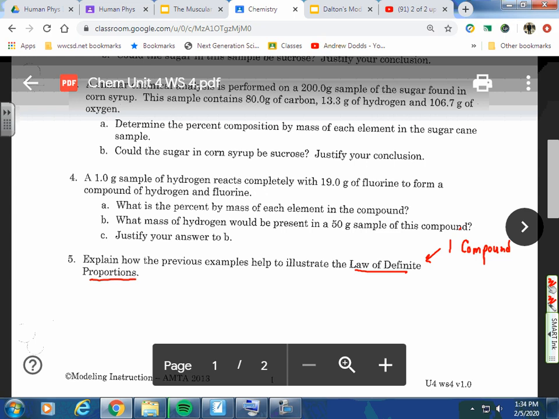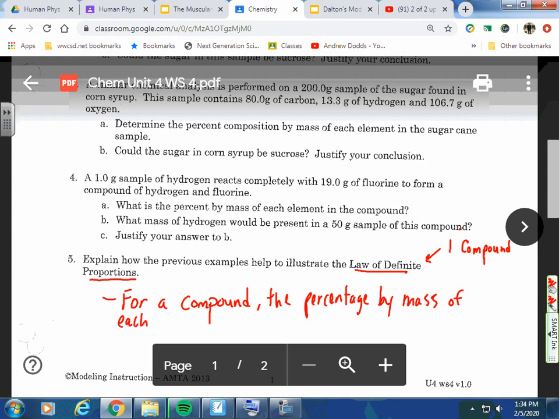Really what we're saying is, for a compound, the percentage by mass of each element in the compound will always be the same.